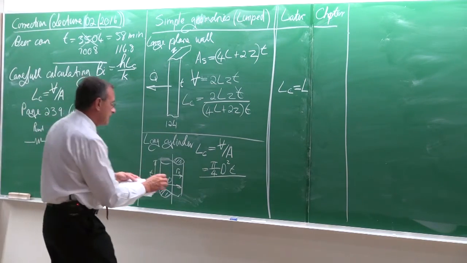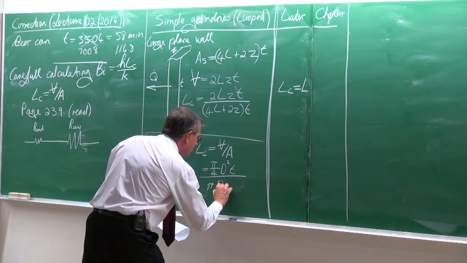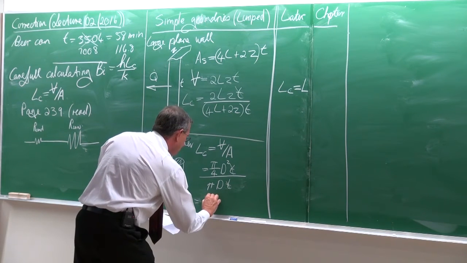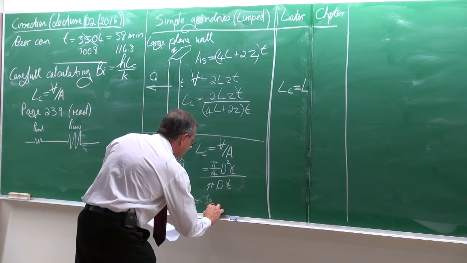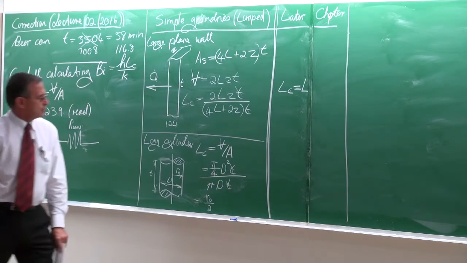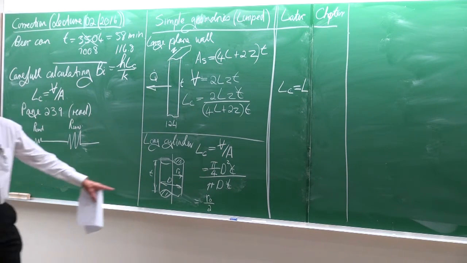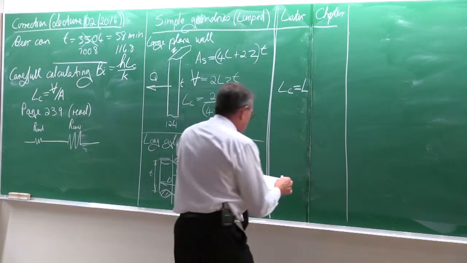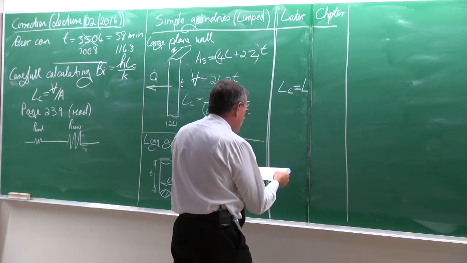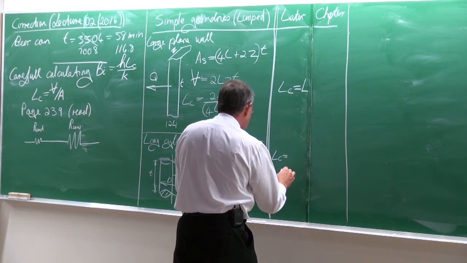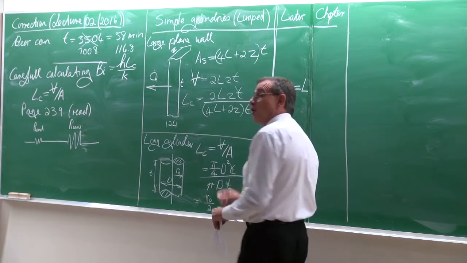Divided by the surface area, and the surface area is pi d multiplied by t. If we calculate it and write the diameter as a function of radius, then we get R0 divided by 2 as the characteristic length. However, if you look carefully in the equations that follow later and in the derivations, you will see that the characteristic length that you should use is equal to R0.